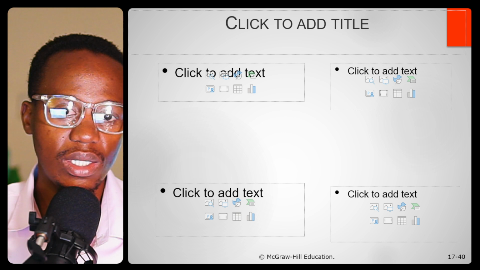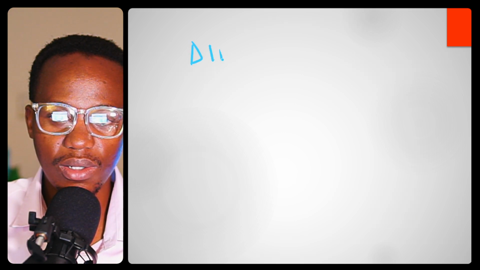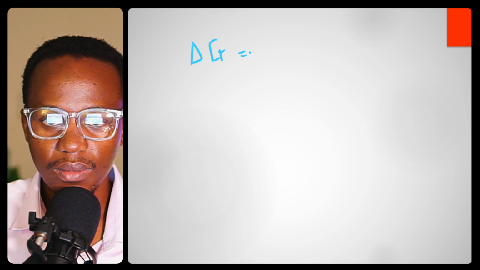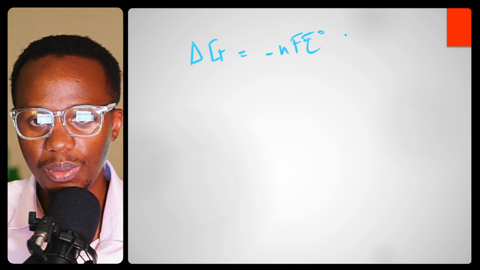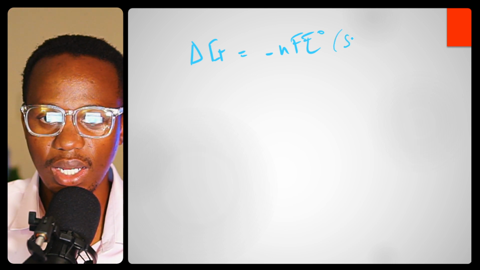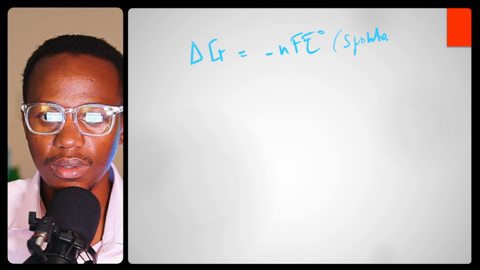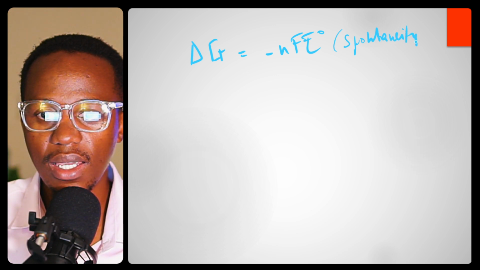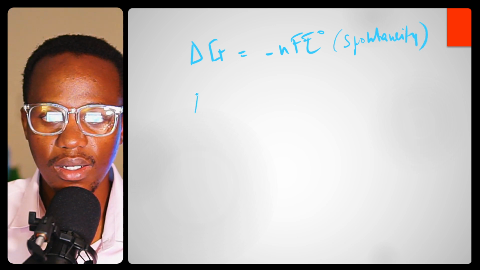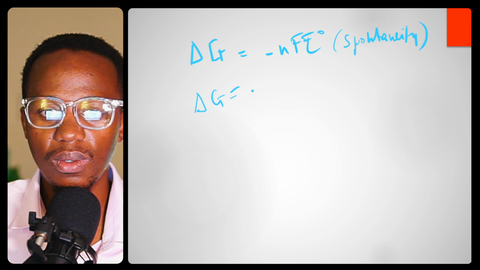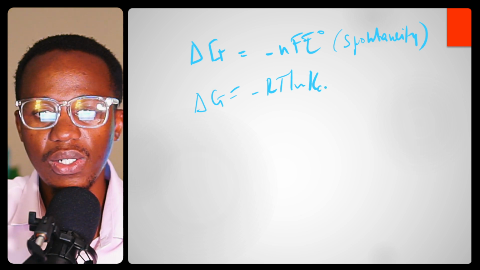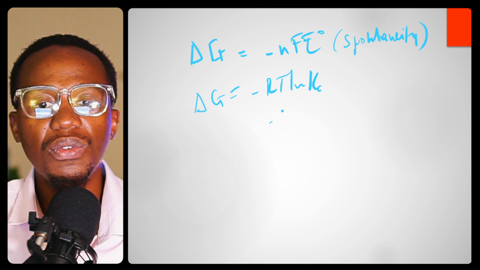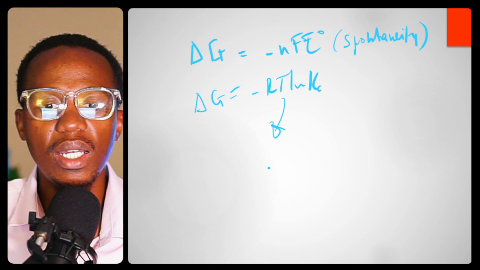Since you already know this from thermodynamics, delta G is equal to negative NFE, and this tells us whether or not it's spontaneous. And delta G is also equal to negative RT ln of K, or KC or KEQ.